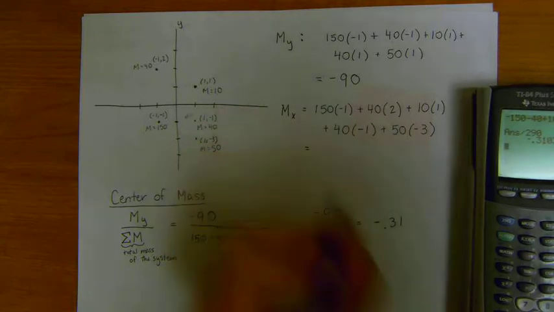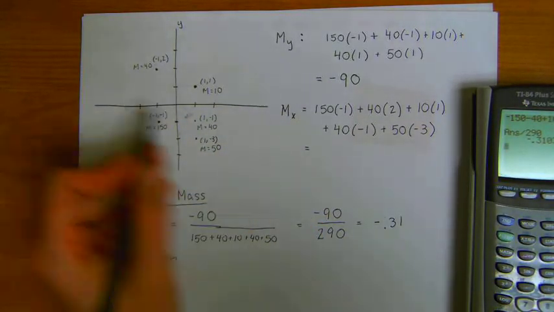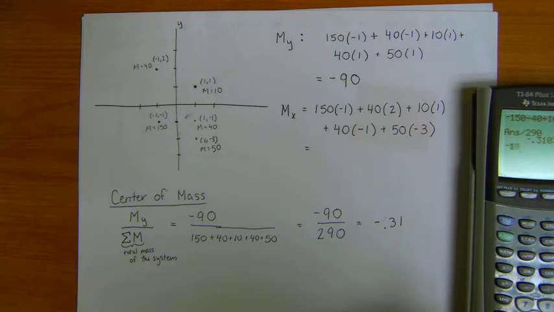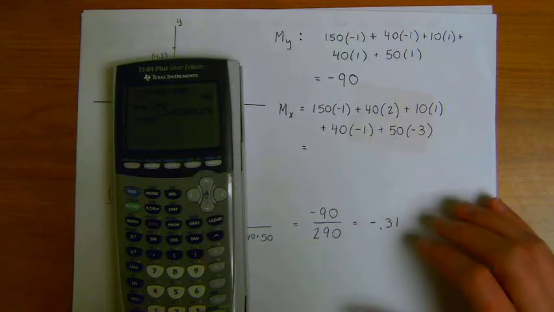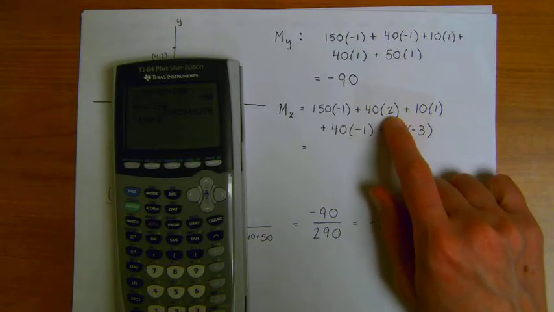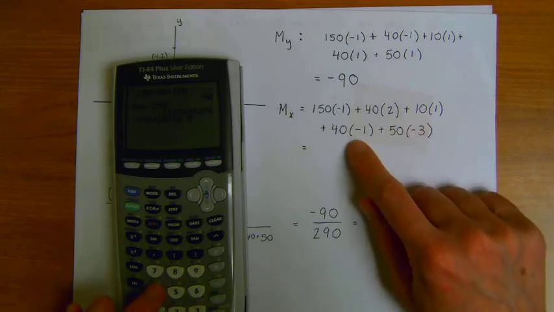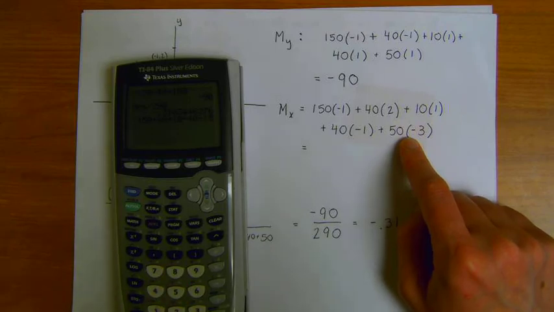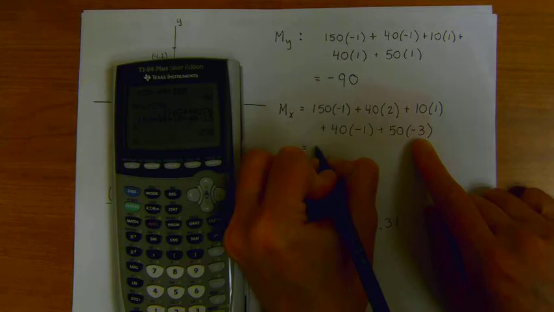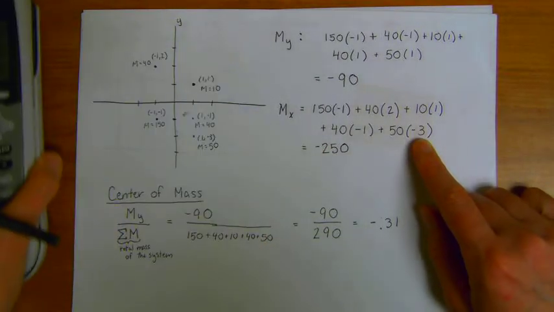So I see that altogether my moment with respect to the x-axis of this entire system is going to be -150. Can you read this? I guess not. Plus 2 times 40 is 80, plus 10, minus 40, minus 150. So this is at -250.